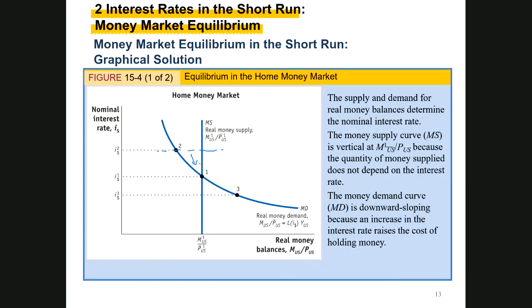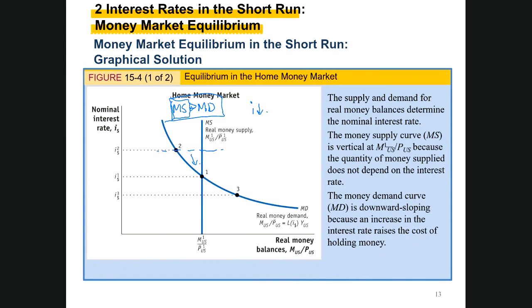So here, supply is larger than demand. What will the banks do? The commercial banks will try to decrease their interest rate, because now a lot of people want to save their money in the bank.